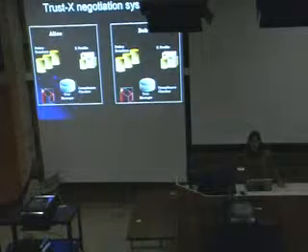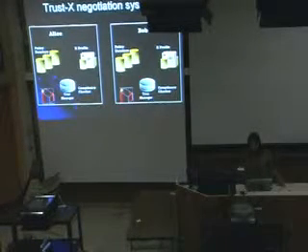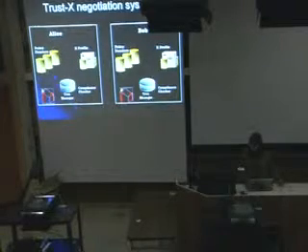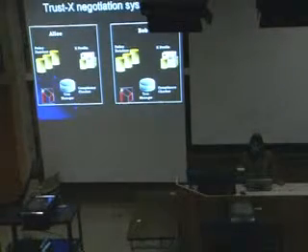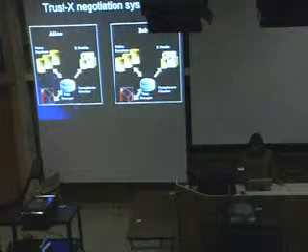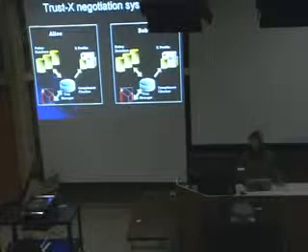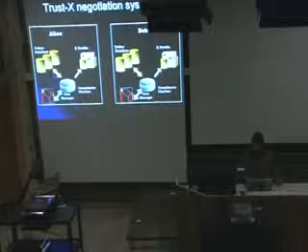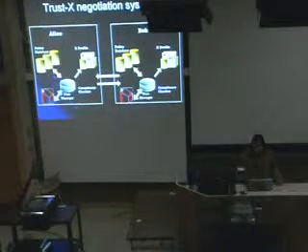We have a compliance checker for checking policy satisfaction and for retrieving a remote or local credential from the X-Profile, and we have a tree manager, which is a data structure for keeping track of the state of the negotiation.